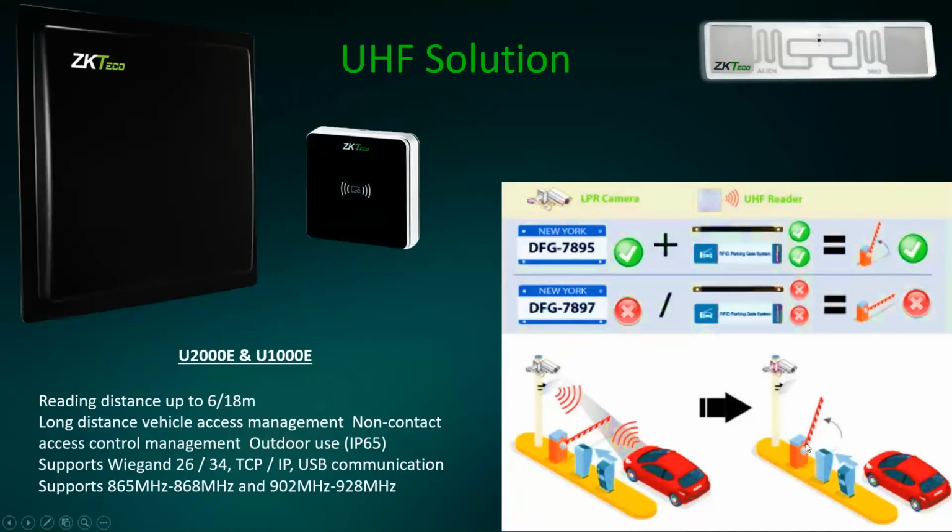Okay. However, how I would recommend installing this is having a UHF reader in conjunction with an LPR camera, because obviously you don't want a UHF reader alone. If somebody steals the car inside, you don't really want that, or you can add a facial recognition system. This is just examples.